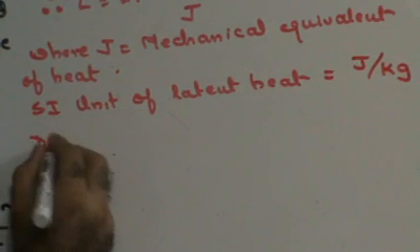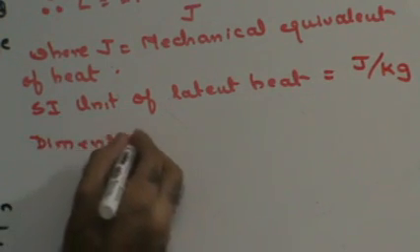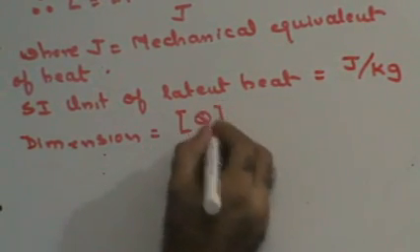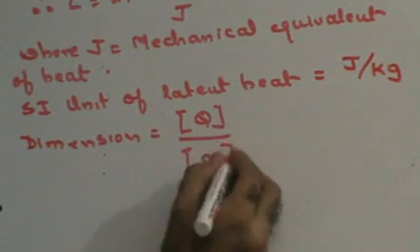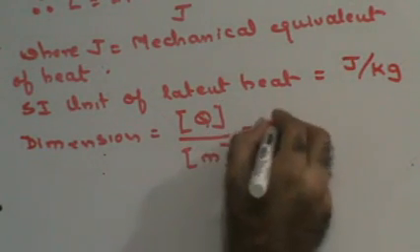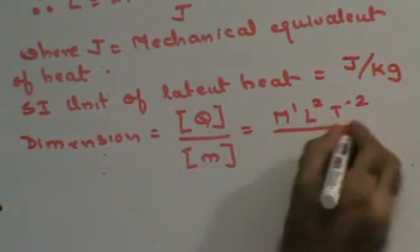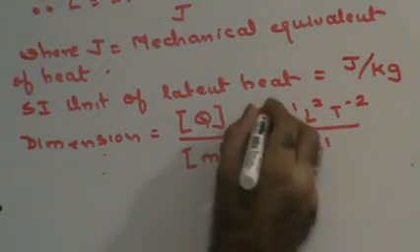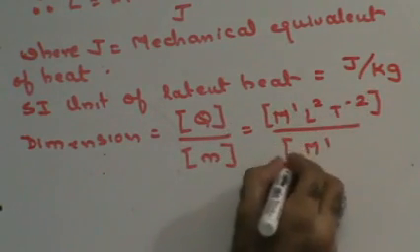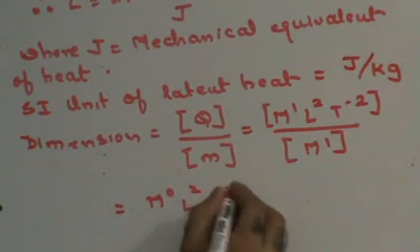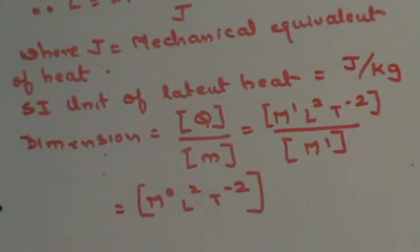By definition, the dimensions will be the dimensions of heat upon dimensions of mass. So this is going to be M1 L2 T minus 2 upon M1, which gives M0 L2 T minus 2.